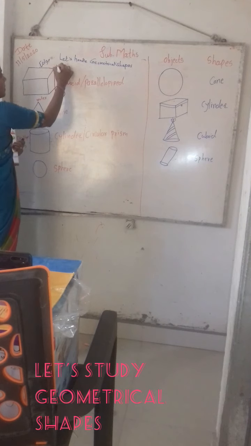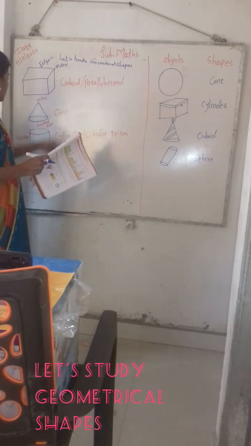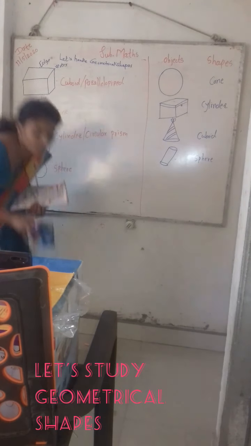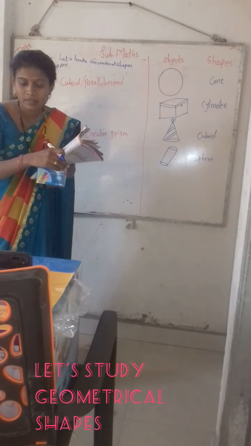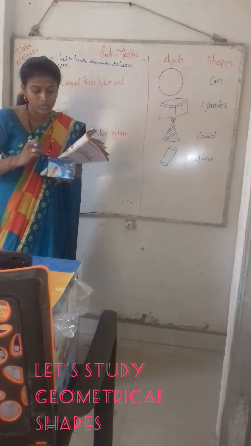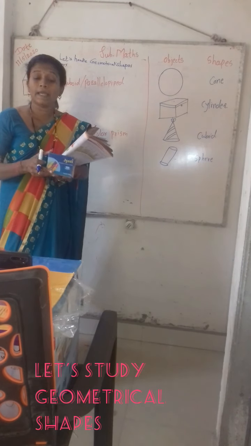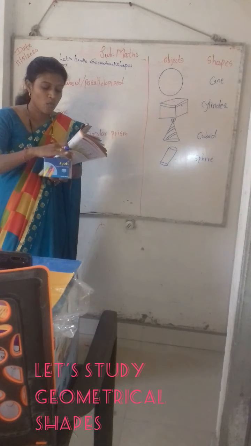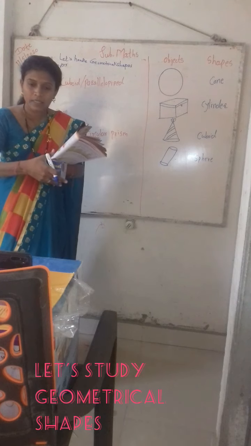And we can call this corner vertex. In your day-to-day life we call corners; in geometry, vertex. So this cube shape has how many vertices? 1, 2, 3, 4, 5, 6, 7, 8. 8 vertices. And how many edges? 12 edges.